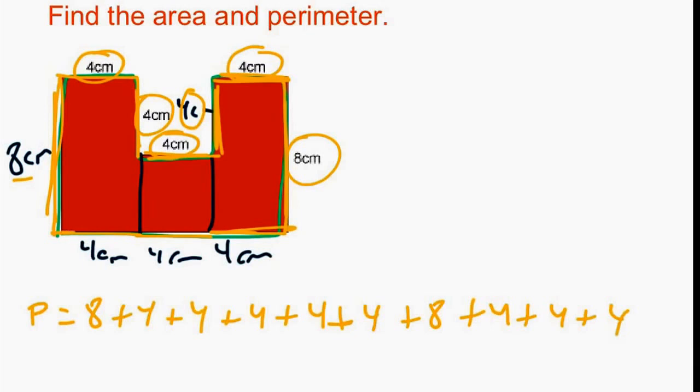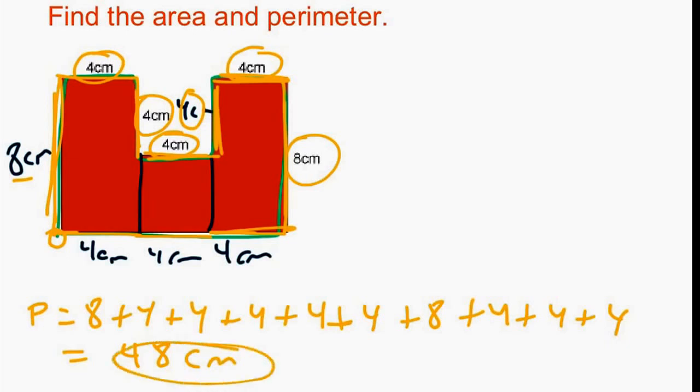Now I've gone completely around. This is where we started. Add those all up. 8 plus 4 is 12, plus 4 is 16, plus 4 20, plus 4 24, plus 4 28, plus 8 36, plus 4 40, plus 4 44, plus 4 48. So I get 48, and it's centimeters. So the perimeter of this unique shape, this U-shaped figure, is 48 centimeters.